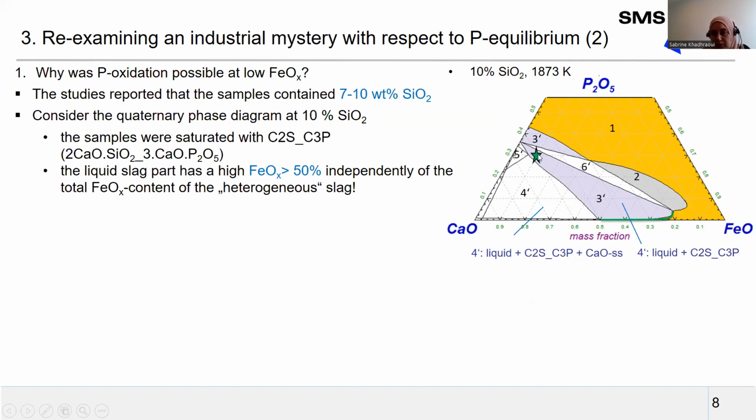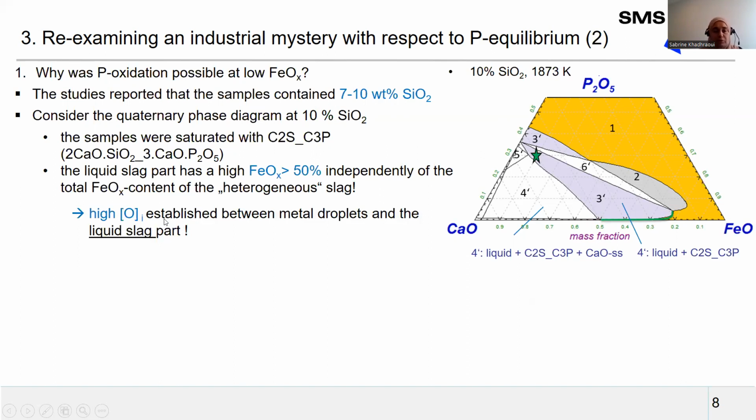The heterogeneous slag has 10%, but part of the liquid slag will have a composition higher than 50%. And this is why a high oxygen potential could be established between the metal droplet and the liquid slag part. So the liquid slag part could dissolve phosphorus. And this is the answer to the first question.